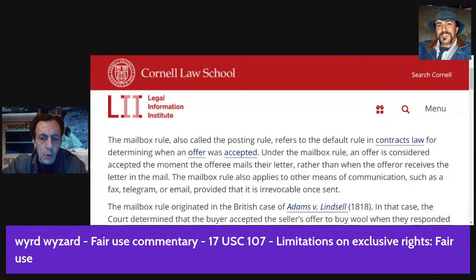Under the mailbox rule, an offer is considered accepted the moment the offeree mails the letter, rather than when the offerer receives the letter in the mail. That's because the United States Postal Service is the registered agent, and that is called service.